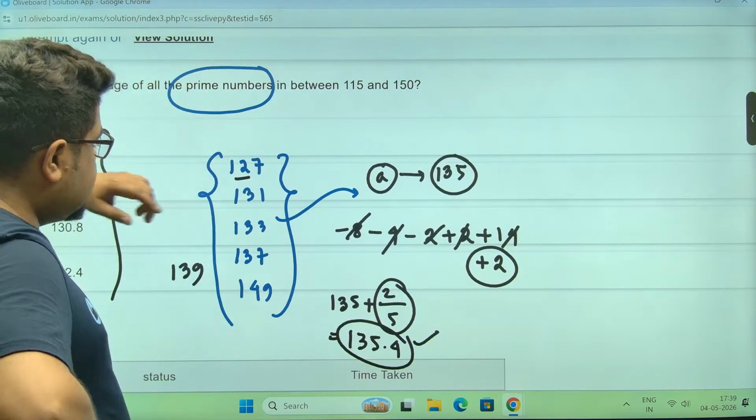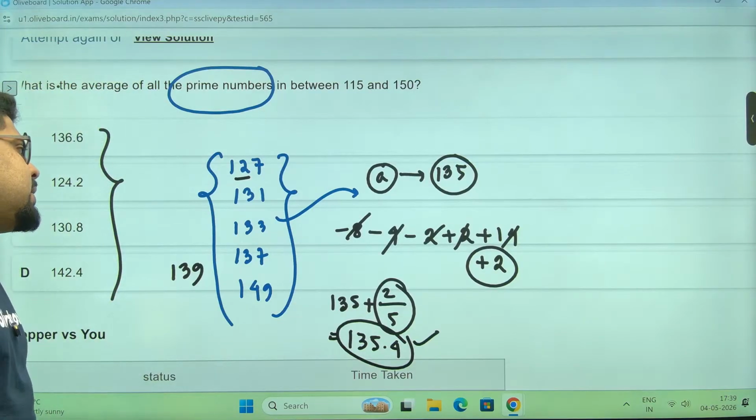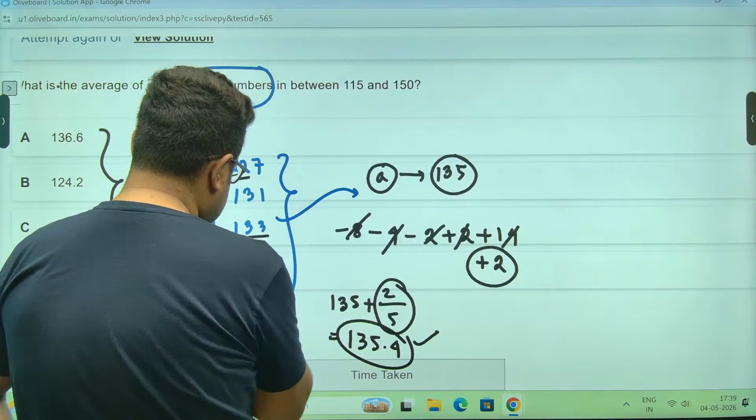So whatever I've written, is anything wrong in it? 131 I know. 133 I'm not sure about. Let me check once.